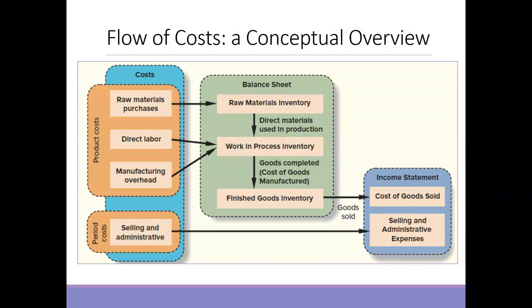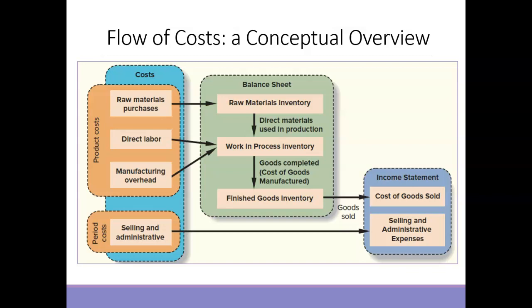When they're sold, they then get transferred from finished goods inventory into cost of goods sold. Cost of goods sold is basically an expense account on the income statement. Okay, so the key here is we have what's called product costs and we have what's called period costs. Product costs are the cost involved with making our goods that we're selling.